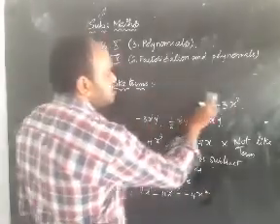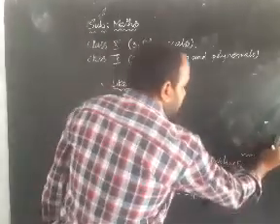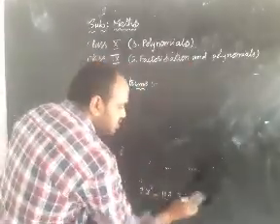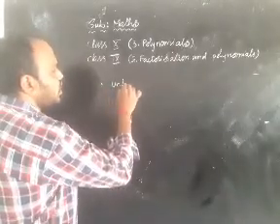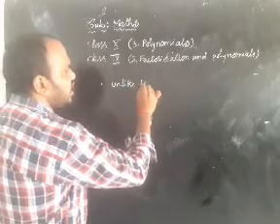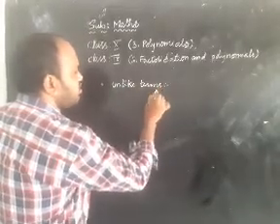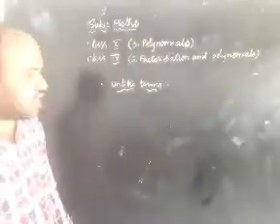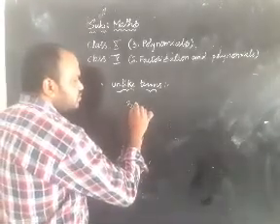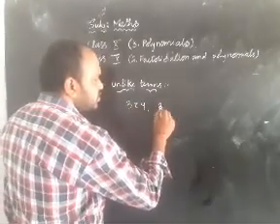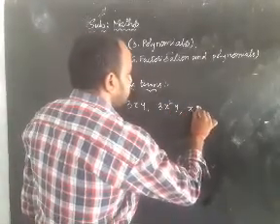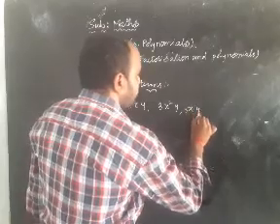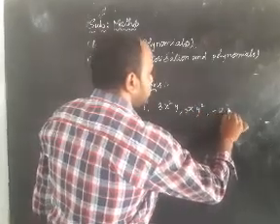Next our topic is unlike terms. The terms which are not like terms are unlike terms. Just now we did one example of not like terms. See this one: 3xy, 3x square y, 3xy square, minus 2x square y square.